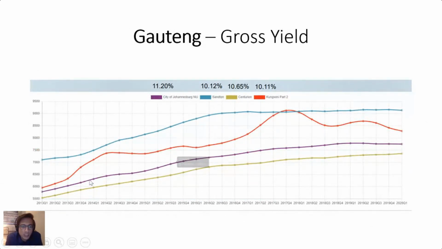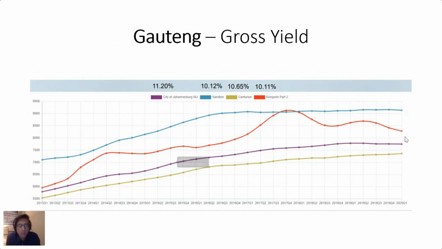CBD on average had about an 11.2% gross yield, Sandton 10.12, Centurion 10.65, and the last a 10.11%. So even though those areas were decent during COVID, they don't really have the best gross yield, right?